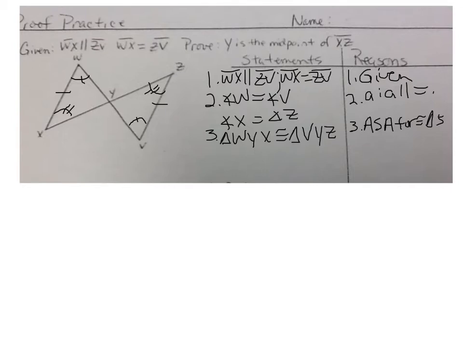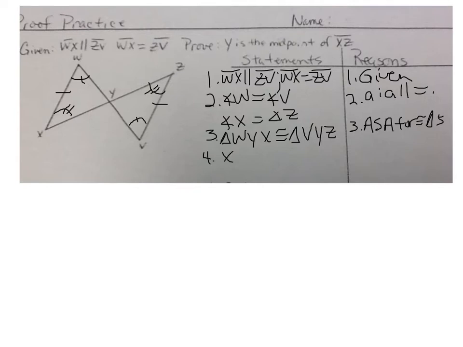Let's just double check that and make sure. If I do WYX, I have to start with a one tick mark, go to Y, so we're good. So now the triangles are congruent. Since we want to show Y is the midpoint, we're going to use XY.